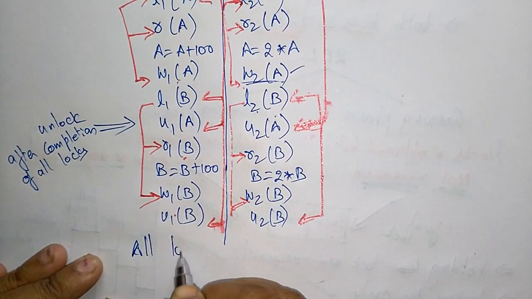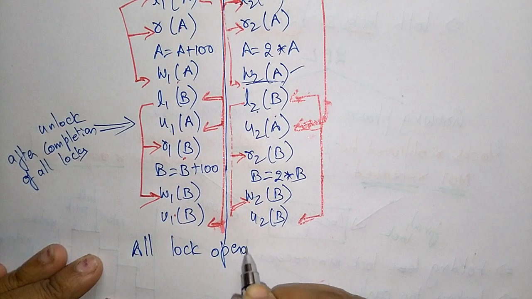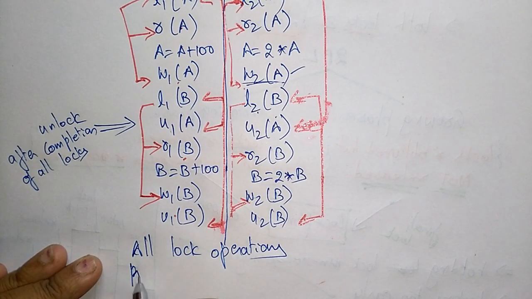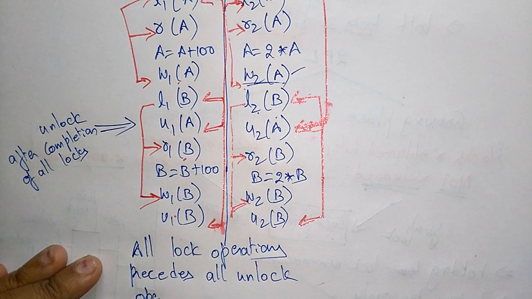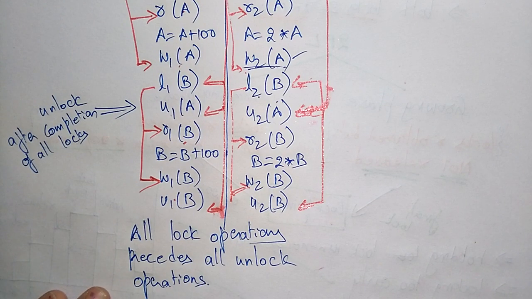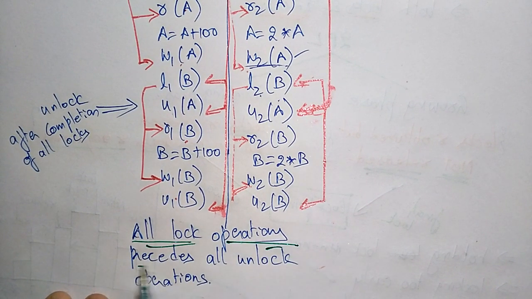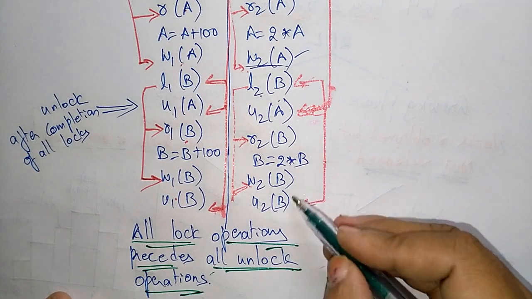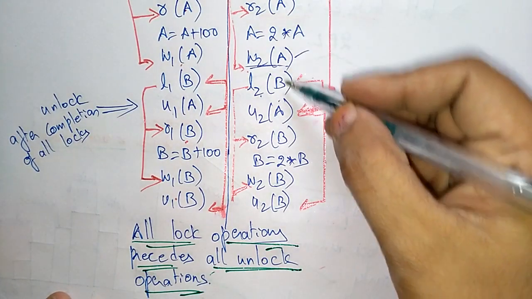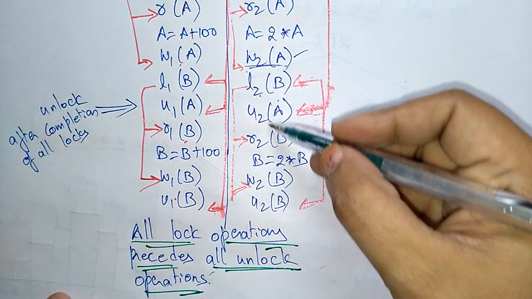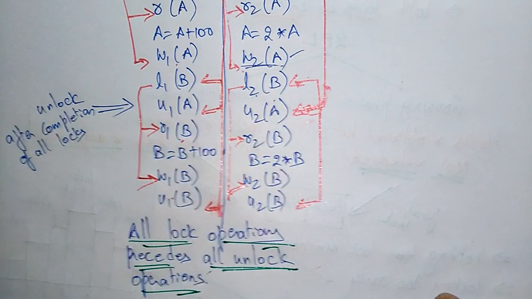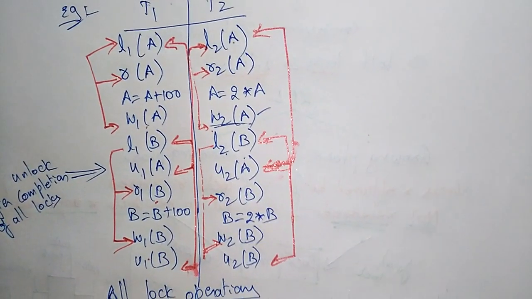All lock operations precede all unlock operations. So that you have to note. Before unlock, all the lock operations are there. After the locks only, you are releasing the locks. So this is the two-phase locking protocol.